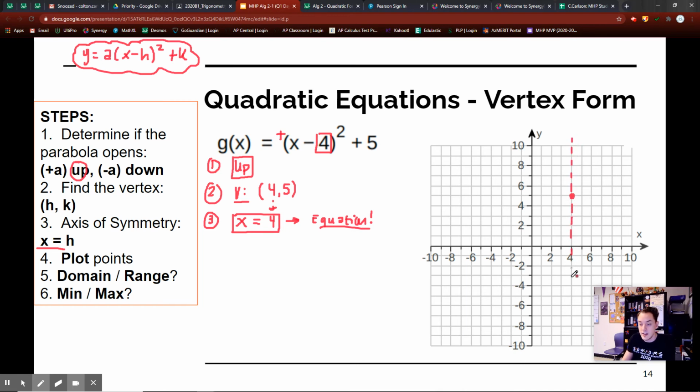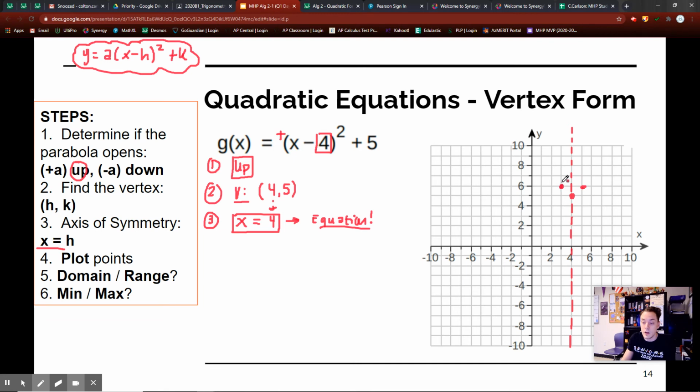I'm going to do it undotted so I can still graph my function, but that's where my axis of symmetry is. That means it's going to flip and be symmetrical on both sides of that line. You must put x equals 4. You must put x equals something. You cannot just say 4. That's not correct. It wants an equation. Let's get it right the first time. Then 4, of course, is just going to be to plot points. You can honestly just do this on Desmos, but I'm just going to plot the basic points from my parent graph.